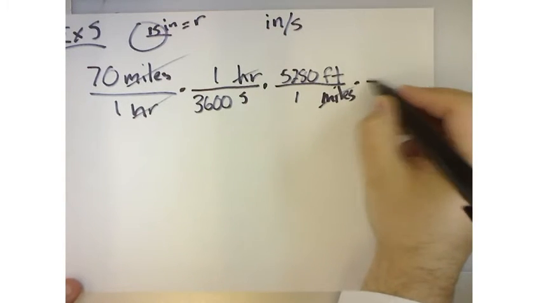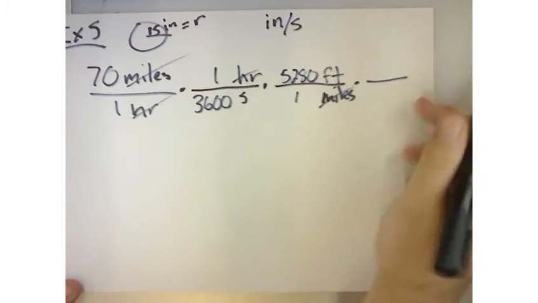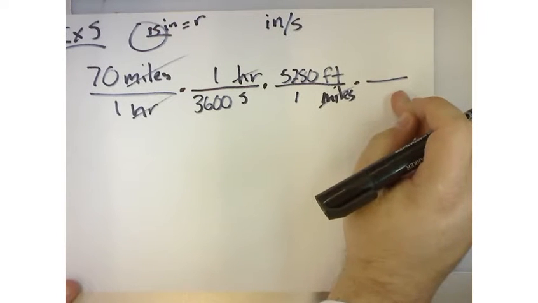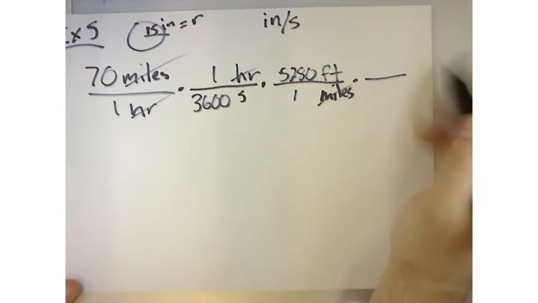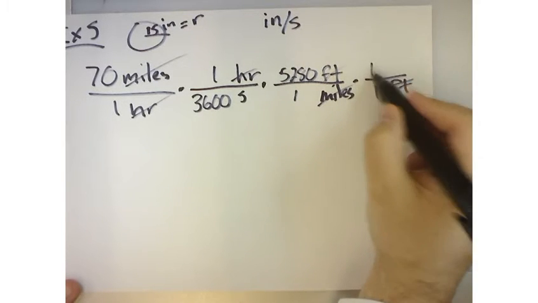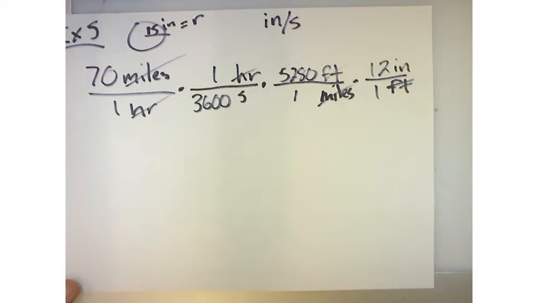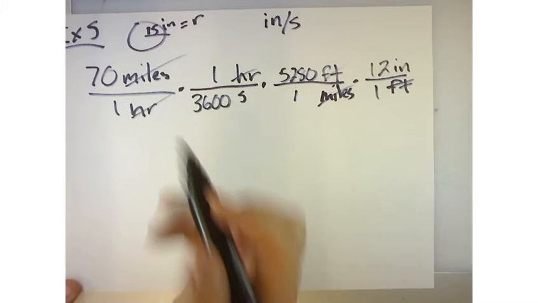So feet and inches. What's the relationship between a foot and inches? 12 inches is a foot. What goes here? Inches or feet? Feet. How come? Because we want to cancel. 1 foot equals 12 inches. Alright. So if you multiply that all the way across.